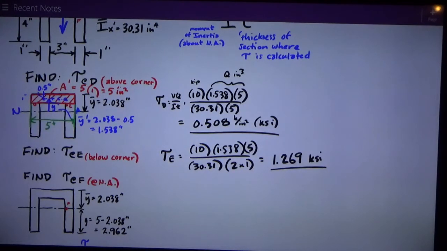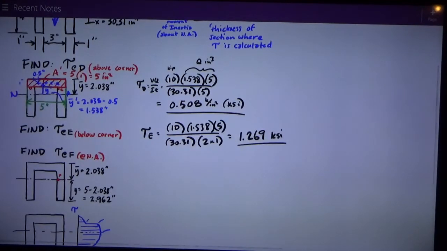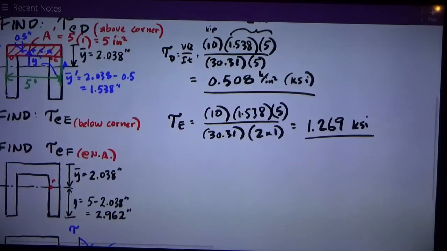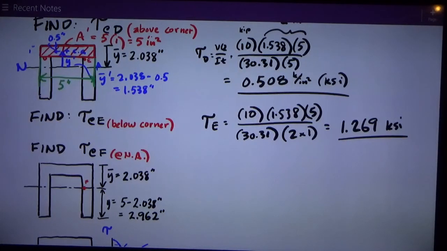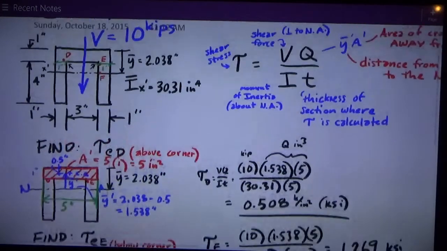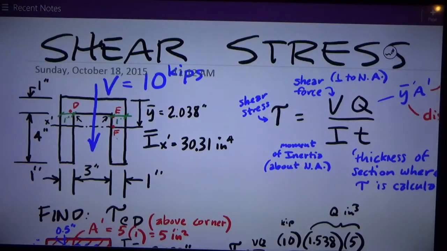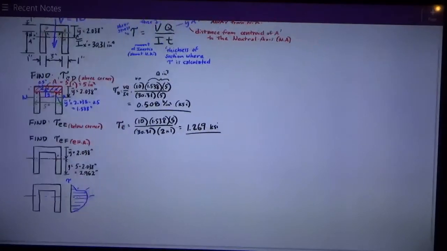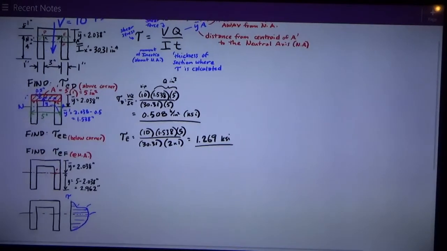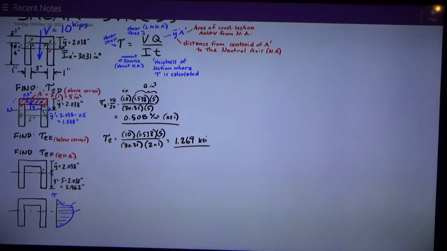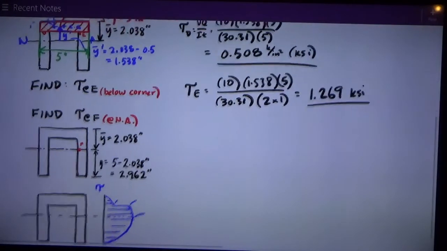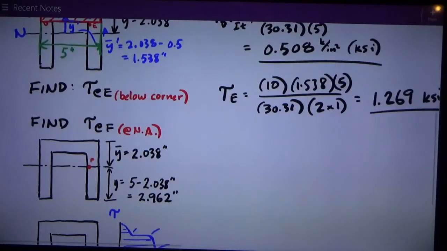Transverse shear force. Finally, I want to know the shear stress, tau, at the neutral axis. So I showed it up here at point F, lying right on the neutral axis, which it is. Therefore, I have a different Q. And I could pick either section.